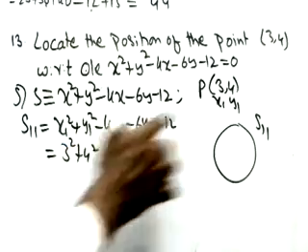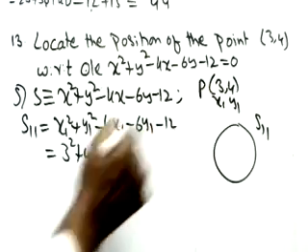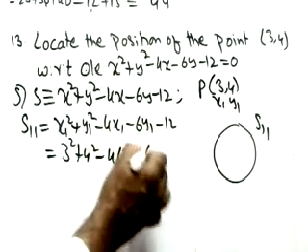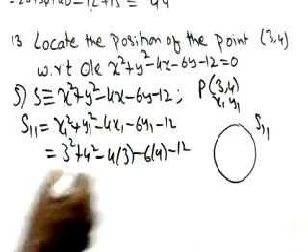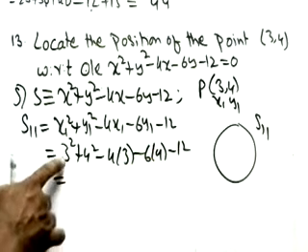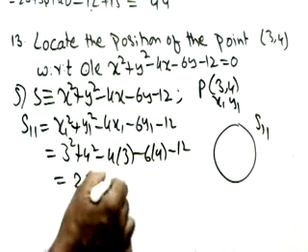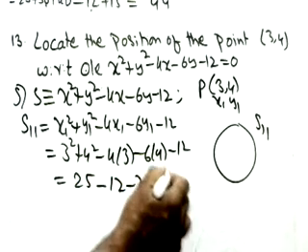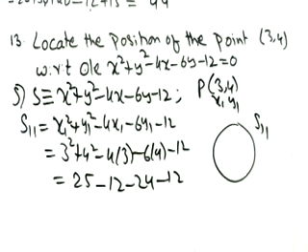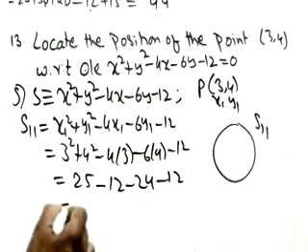Now let me substitute the values. 3 square plus 4 square minus 4 into 3 minus 6 into 4 minus 12. 4 square is 16. 16 plus 9 is 25, minus 12, minus 24, minus 12.